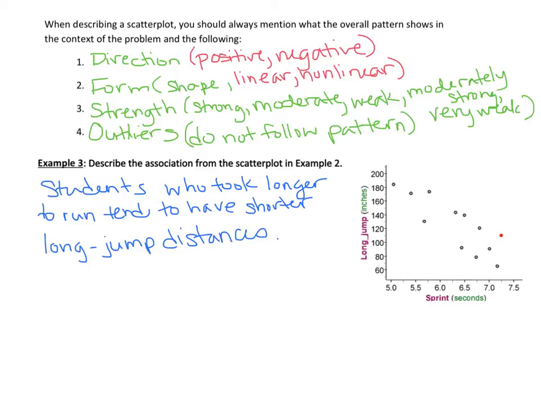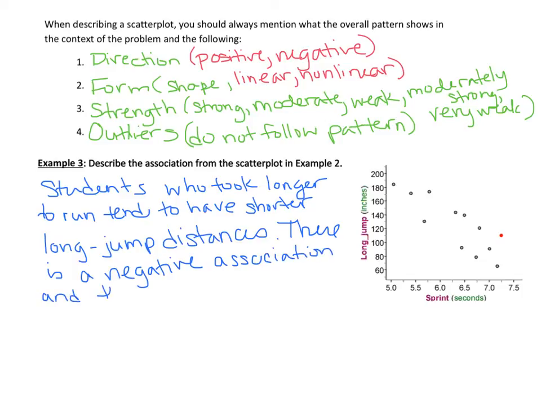The next things are a little easier. So you can also say there is a negative association and the pattern is linear.